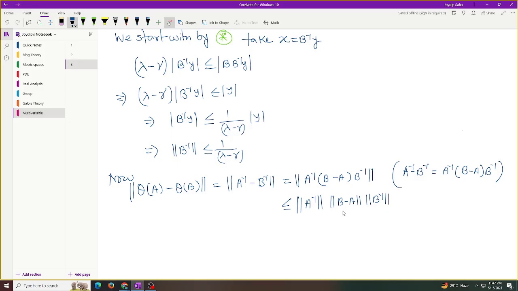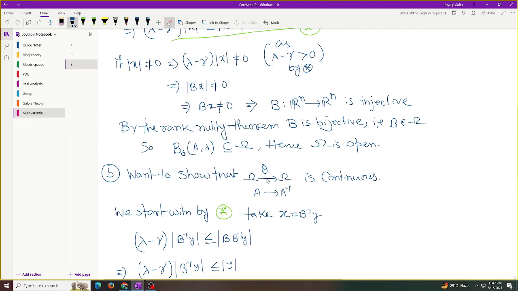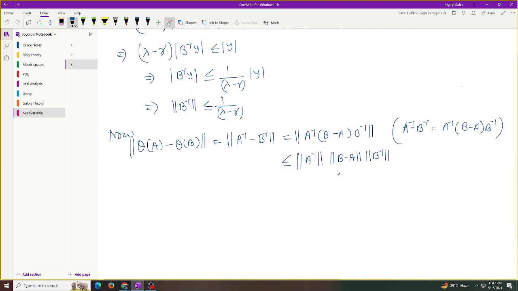Now what is B inverse? That is lesser equals to 1 by lambda minus gamma, and A minus B, what is this?